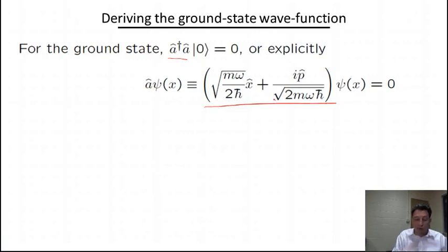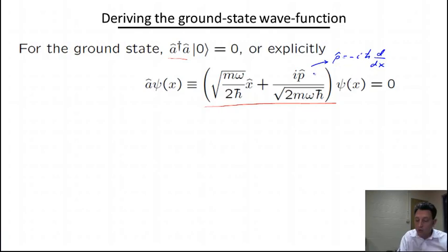And here I'm going to write down explicitly the form of the momentum operator and position operator. In real space, the position operator is really simple. It's just the multiplication operator, while the momentum operator, as we know, is minus i h bar d over dx.